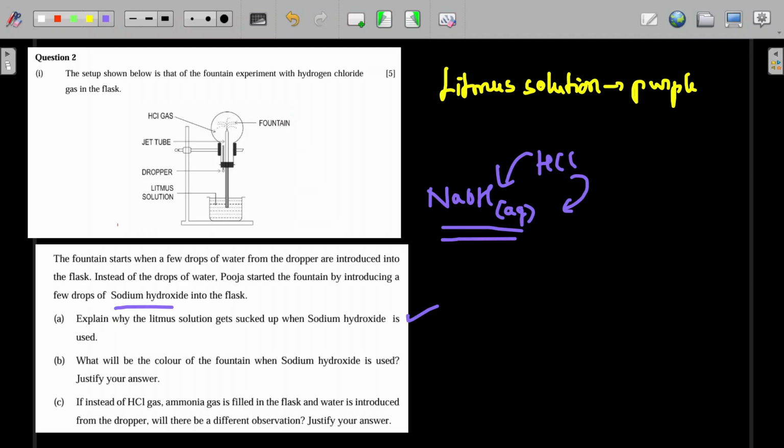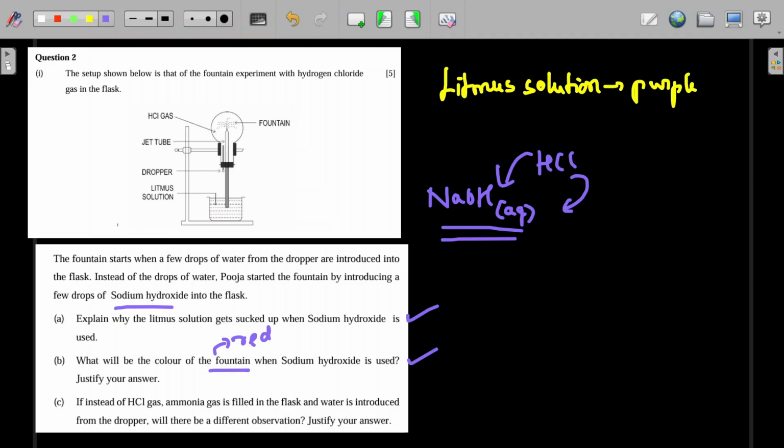Therefore, only some amount of HCl will react with NaOH. Remaining HCl is there now. That will change the color of the litmus to red. So the litmus solution will change to red. Justification is whatever I just explained.